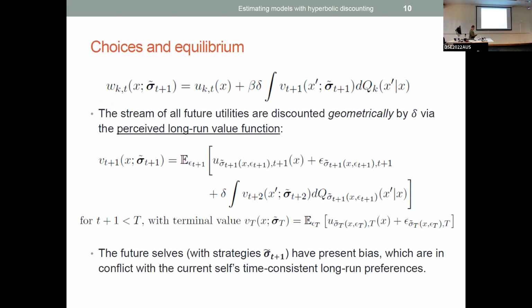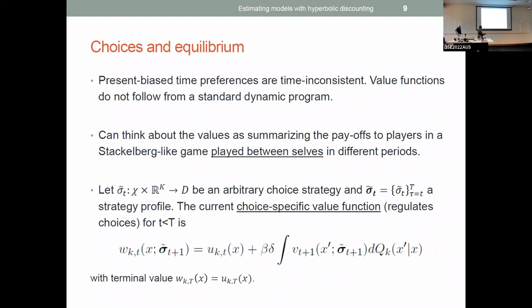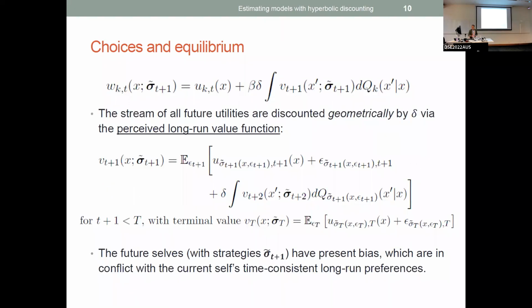So here the V term, which is core to the backward recursion procedure, is called the long-run value function, which is discounted geometrically. So we see that W_t is initially hyperbolically discounted and then subsequently geometrically discounted. Now this function V_{t+1} is again a function of your state and also your strategy profile defined at t+1.